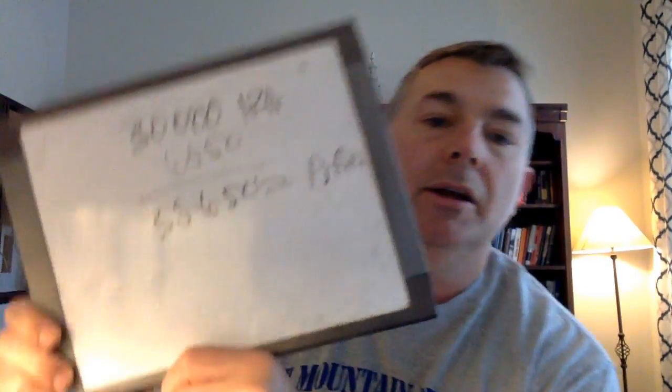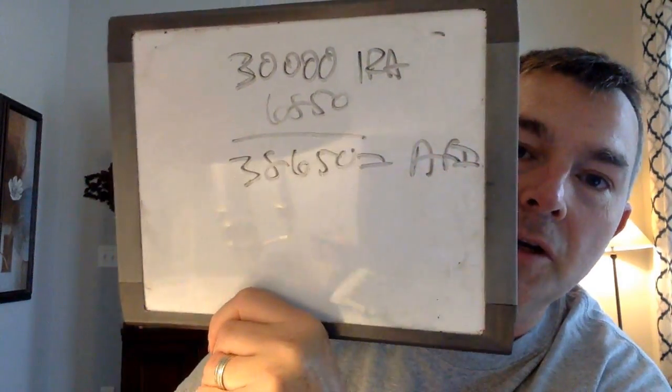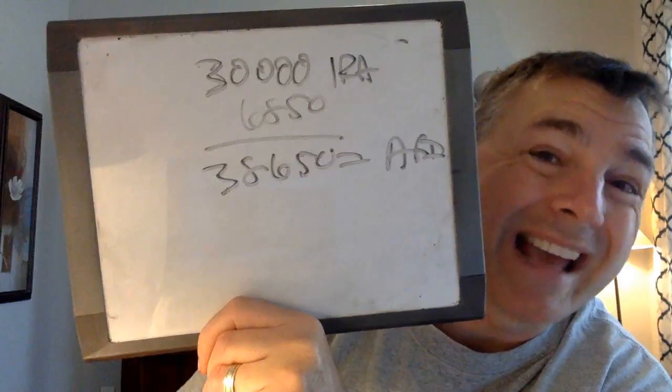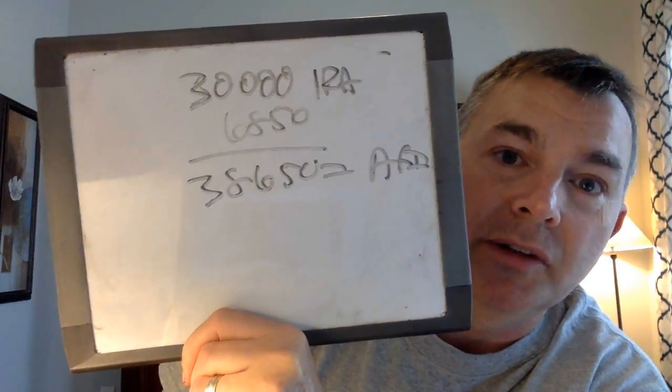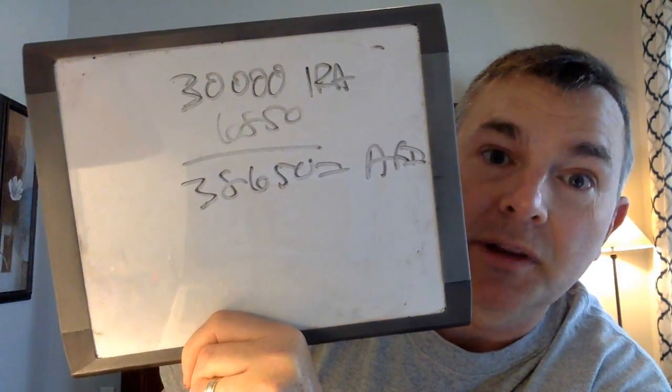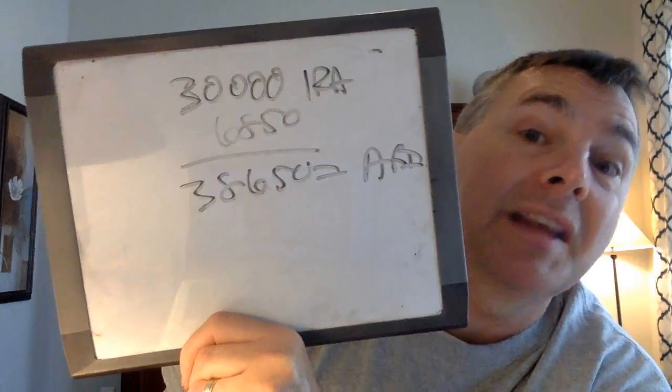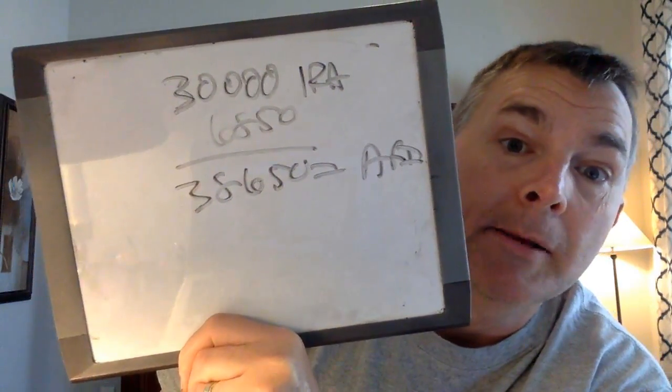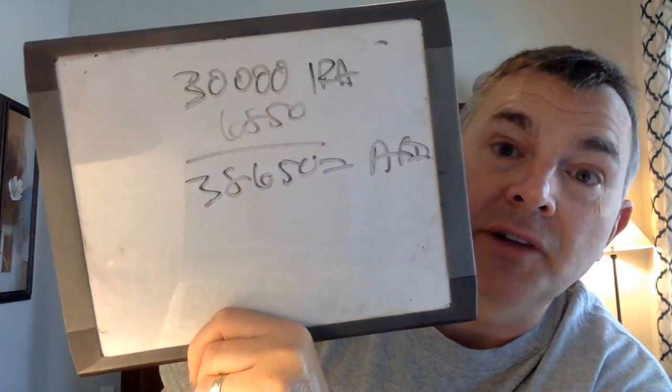All right, so we got 30,000 from IRA distribution. Literally doesn't matter. In this case, it won't be tax exempt interest. It's either going to be IRA distribution, pension income, and you name it. But 30,000 plus 6,850, which is your taxable Social Security, equals 38,650 is your AGI. All right, so just remember that 6,850 is your taxable Social Security.